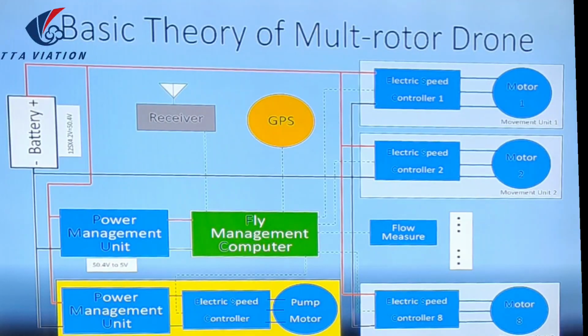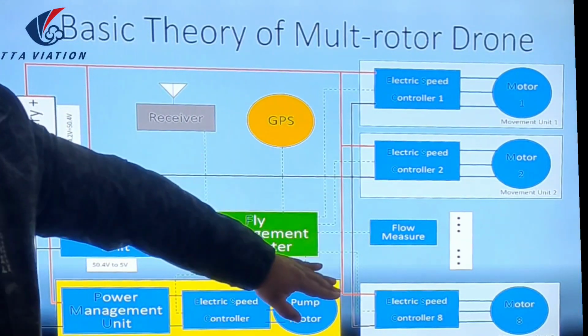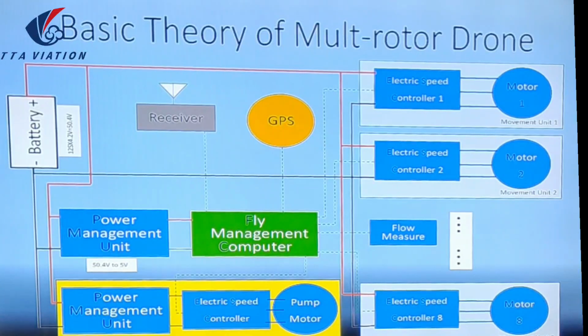Each arm has an electric speed controller and assembles a motor and propeller on the arm. So eight movement units means this drone has 8 arms and 8 propellers.